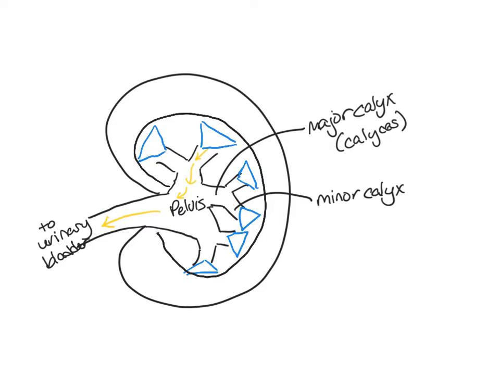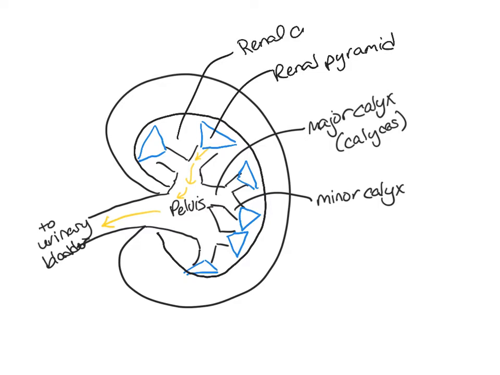And in between the renal pyramids, so that's a renal pyramid, in between the renal pyramids we have these columns. So those are just renal columns. So on the inside here, this whole area is the medulla. And then anything outside that is called the cortex.